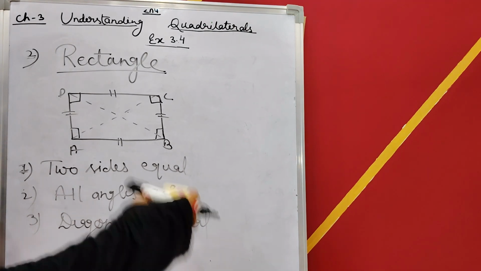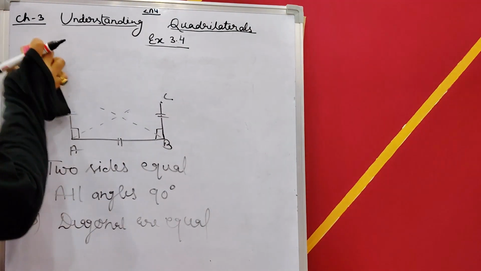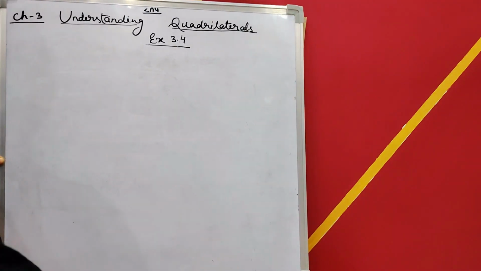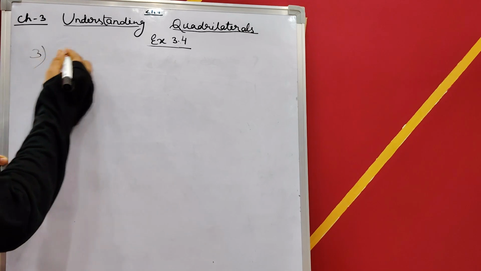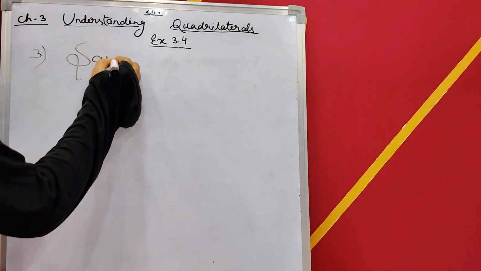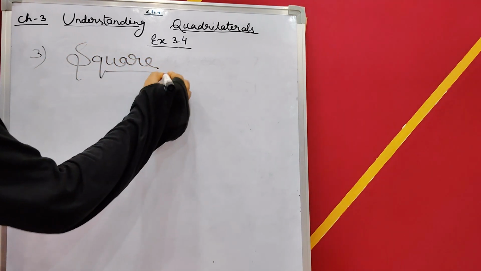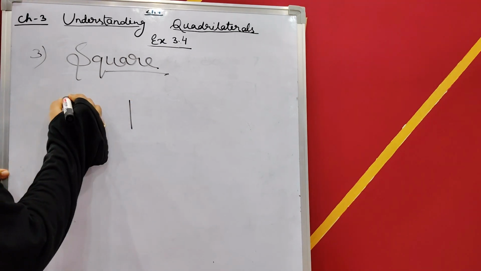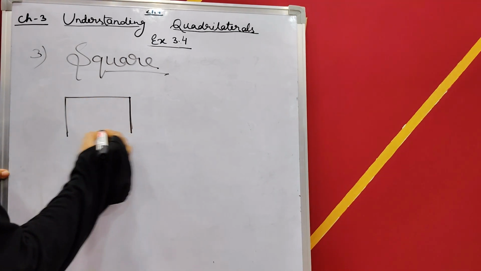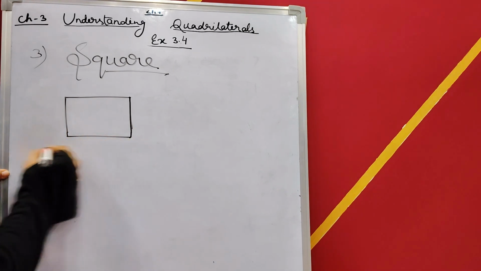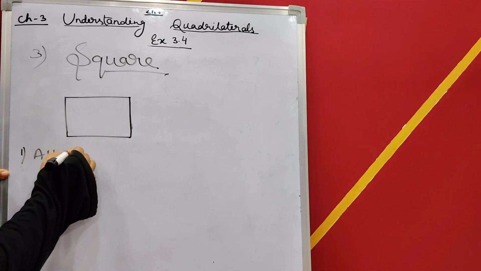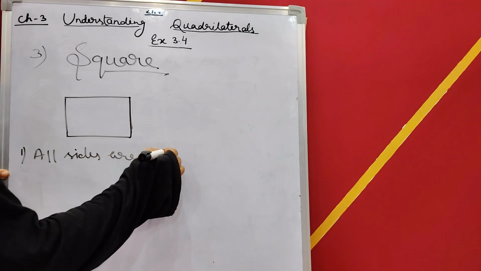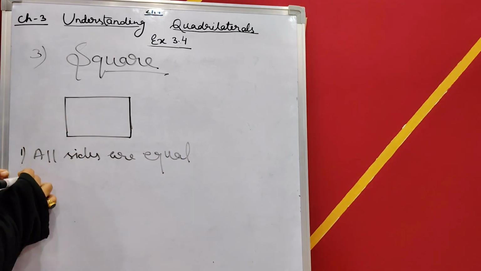So yes, now next, that is a square. Basically, in a square all sides are equal. Properties of a square: all sides are equal, that also holds the property of a rhombus.